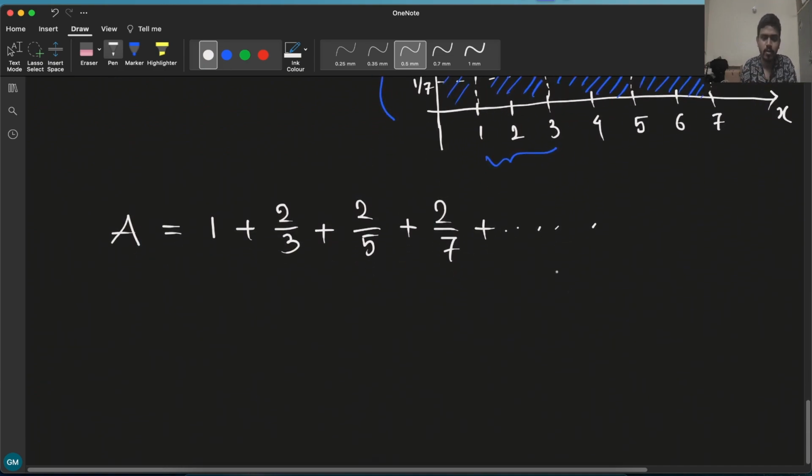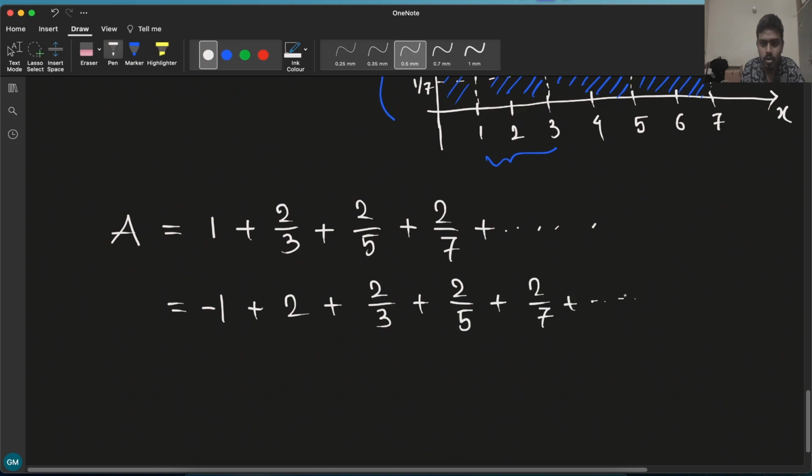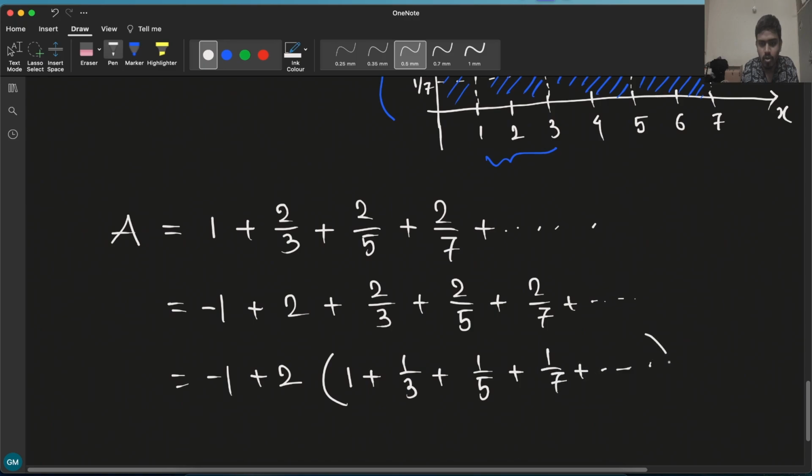And I can write it as minus 1 plus 2 plus 2 by 3 plus 2 by 5 plus 2 by 7 plus dot dot dot. Okay, that is minus 1 plus 2 times 1 plus 1 by 3 plus 1 by 5 plus 1 by 7 plus dot dot dot, right?